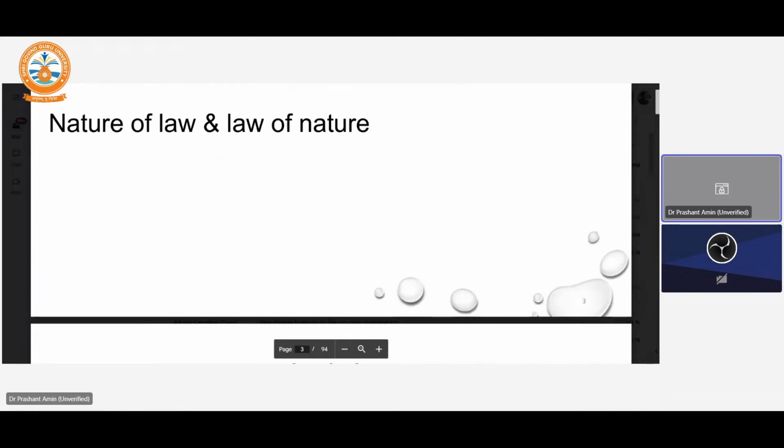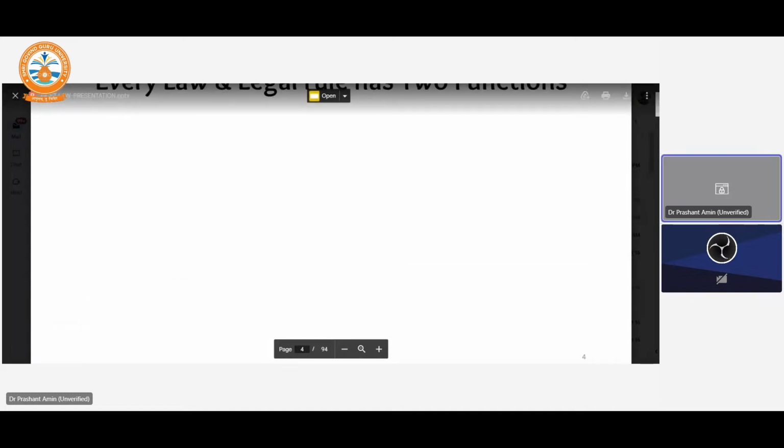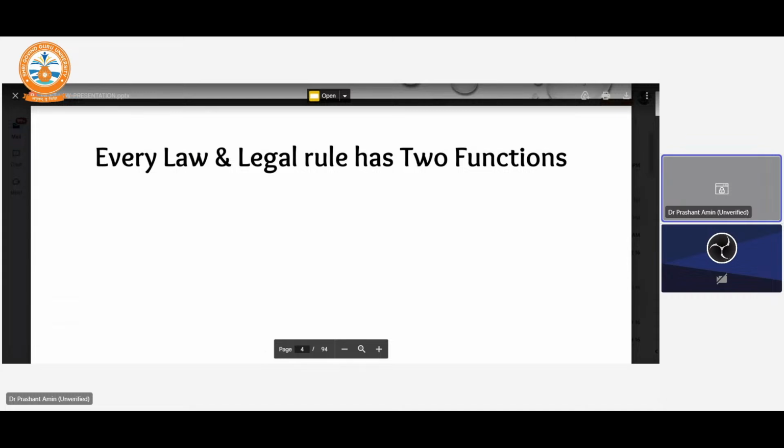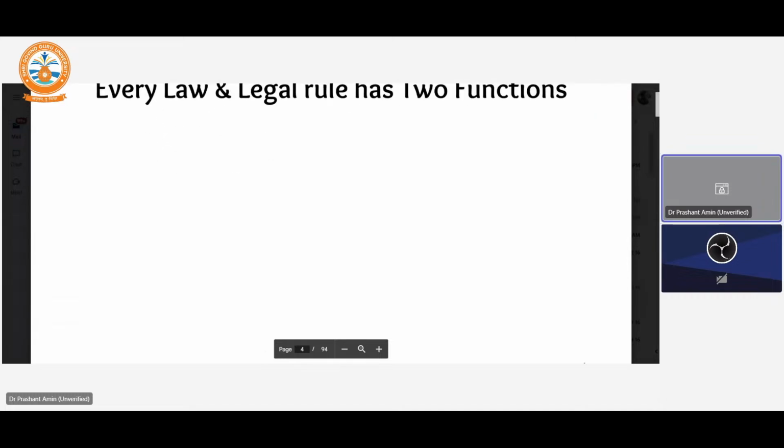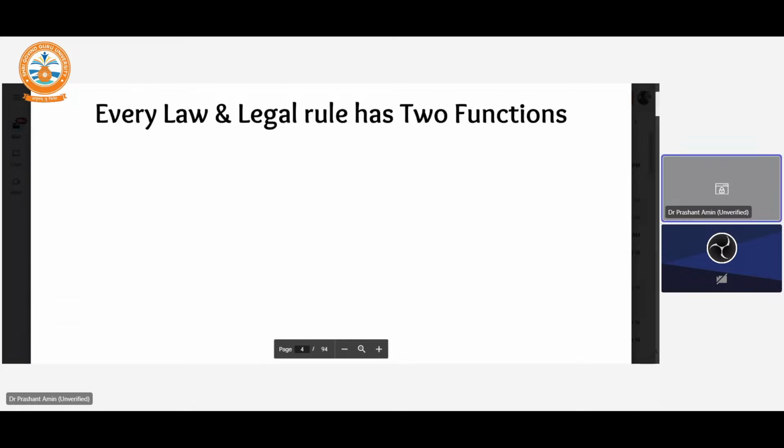Okay, now before starting our discussions, let me make you understand the nature of law and law of nature. If you look at it, every law and legal rule has two aspects. One aspect is the sanction, and the other aspect is enforceability.